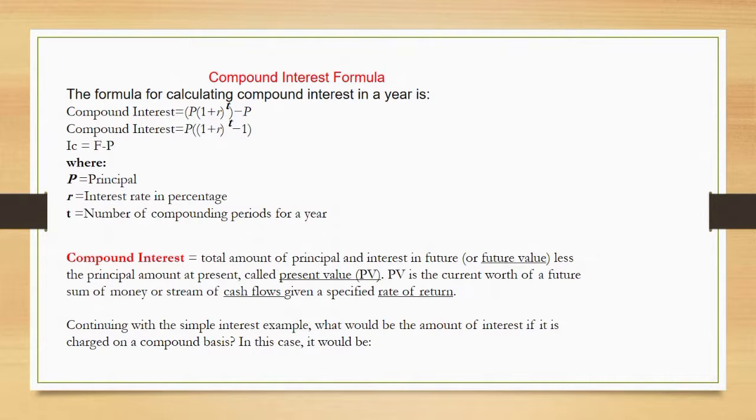The compound interest formula is IC equals P multiplied by (1 plus R) raised to the power of T, minus P. Otherwise, IC is equal to future or maturity value minus principal.